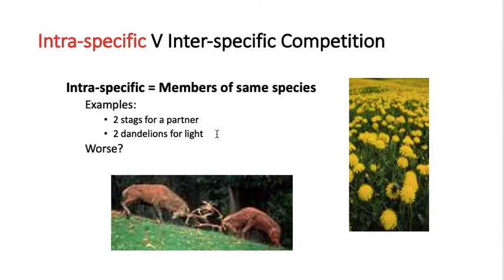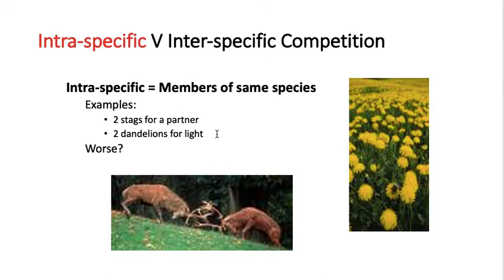So they want to mate with the partner and they have a good old contest or a fight to find out who's going to get that partner. Plants, you might not think of plants having a particular contest for resources, but they do. Two dandelions, for instance, will compete for light, so they both need light.